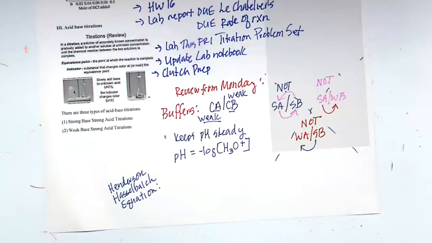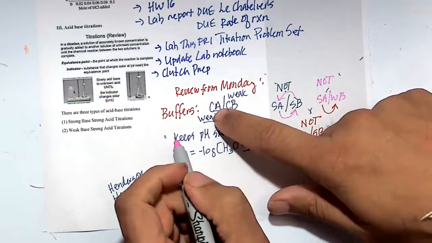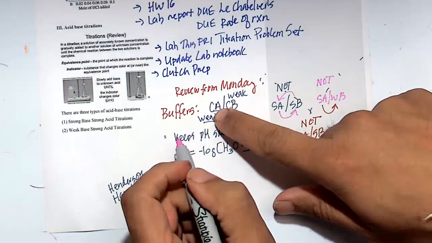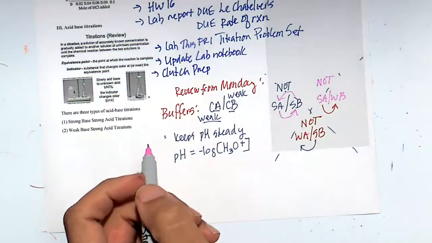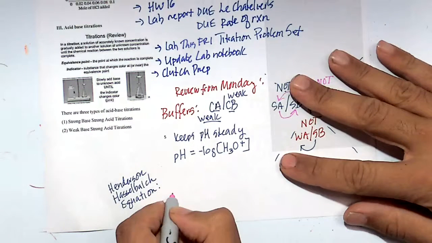I'll give you this on the exam, but I want you to remember you want to use this equation for buffers. If you have the presence of a conjugate acid and a conjugate base, then you will use this equation.